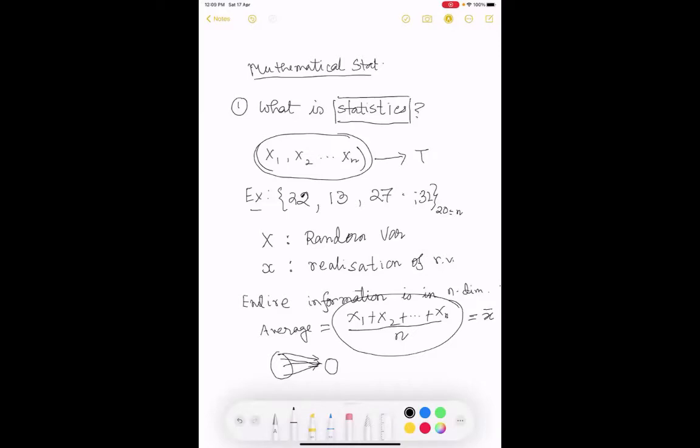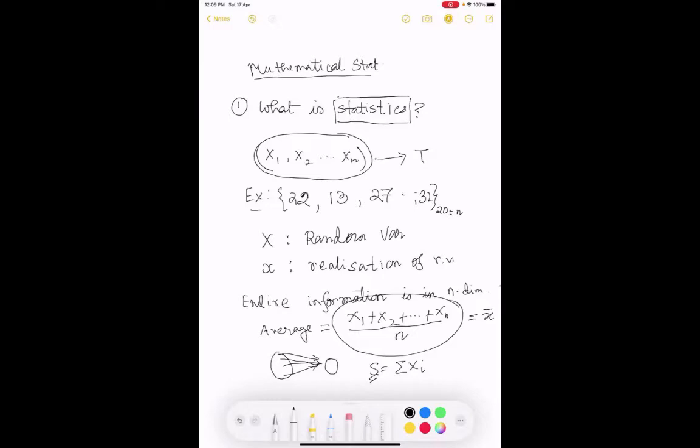Two things are happening here. Actually it is a two operation. If you look into the average, first we are doing the sum, S is the summation of xi, and then we are dividing it by n. So S itself contains certain information from the data set, and x bar also contains certain information about the data set.